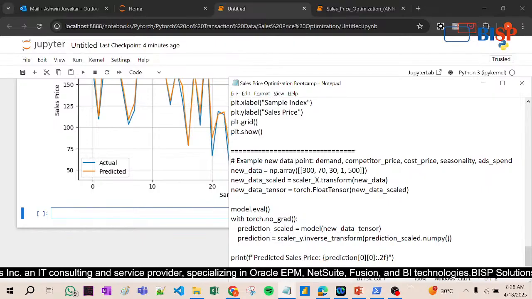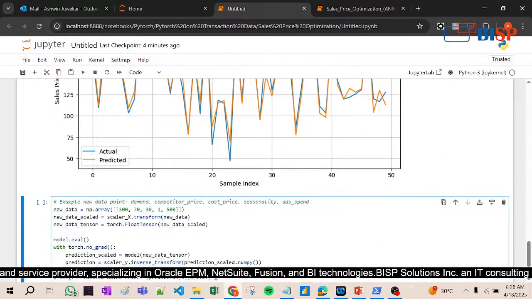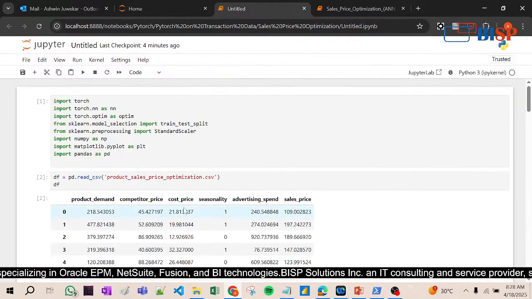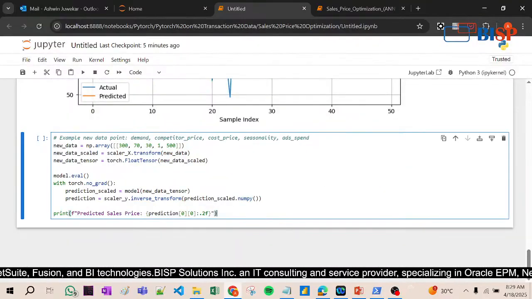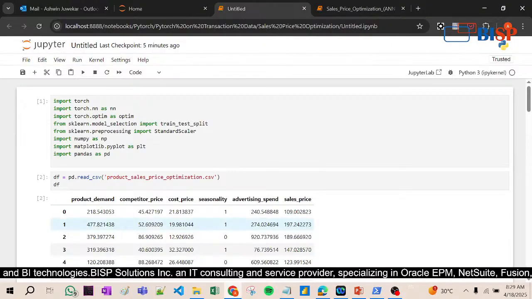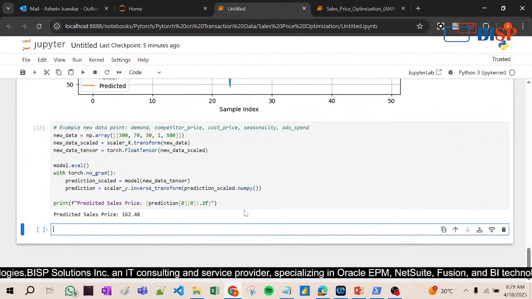Now we have to work on some fresh data, new data. Now look at this, 300, 70, 30, 1, 500. What is this? 300 means product demand, 70 means competitor price, cost price is 30 and 1, and 500 is advertising spend. Okay, this is how we have given the information.